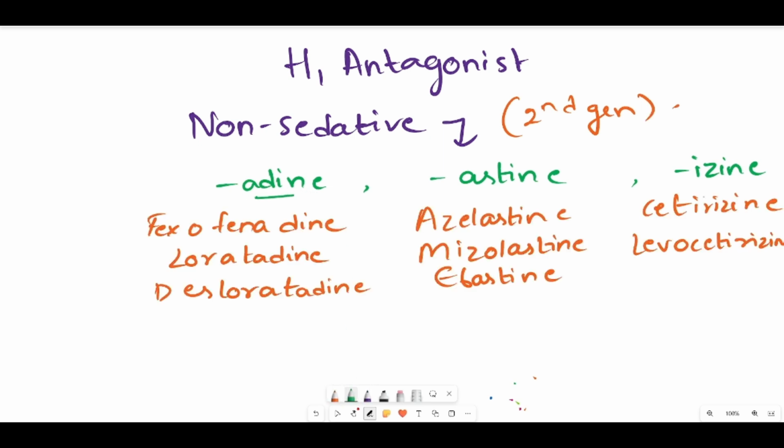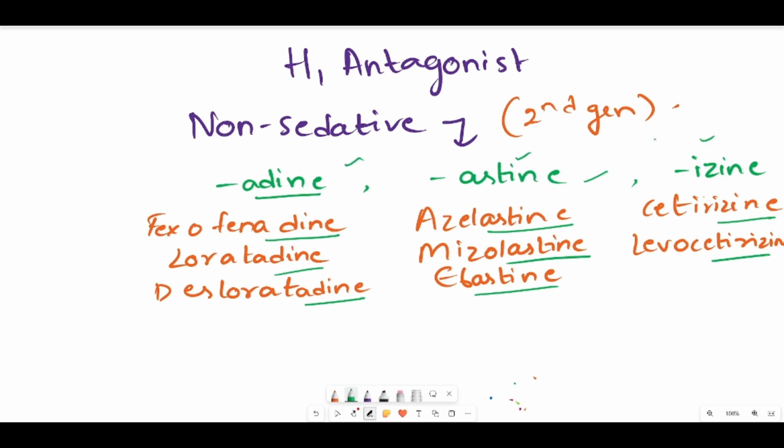The drugs which end with -adine are fexofenadine, loratadine, and desloratadine. The drugs ending with -astine are azelastine, mizolastine, and ebastine. And the third one, -izine, includes cetirizine and levocetirizine. So just remember these suffixes and then you can write these drugs.